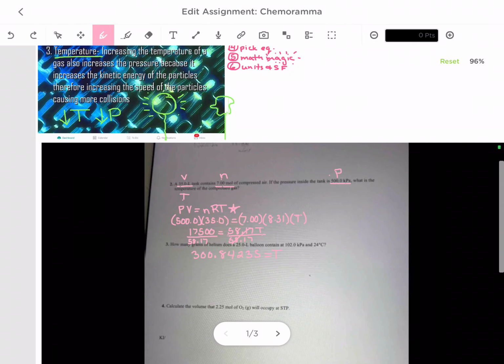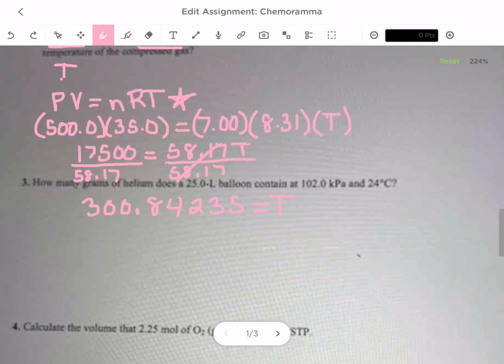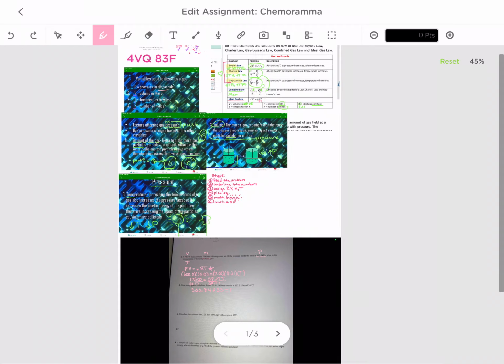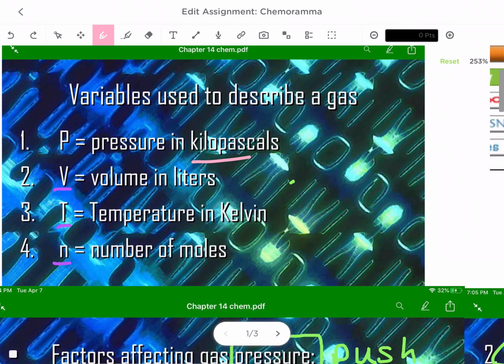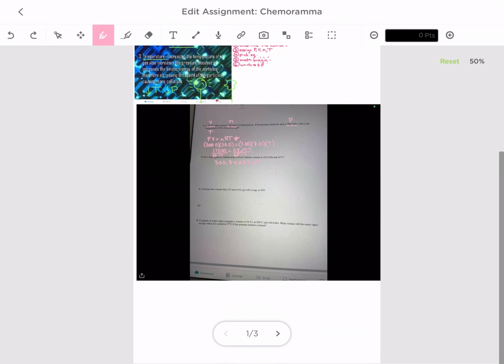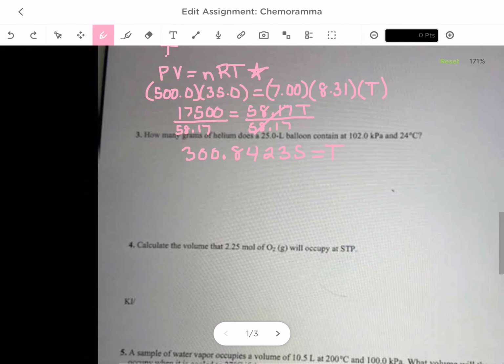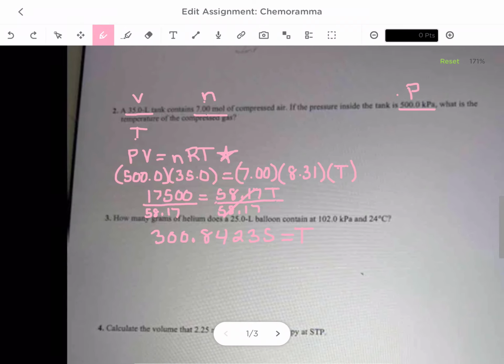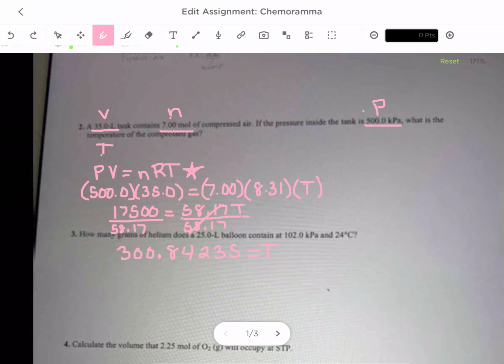What's our last step? Units and significant figures. What is the unit on T? Go back up here and look. Temperature must be in what? Oh yeah, Kelvin. Okay, so I know that my unit on this is going to be Kelvin, but I need to figure out significant figures. Your significant figures are based on the numbers you started with.